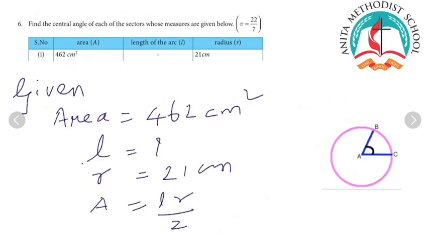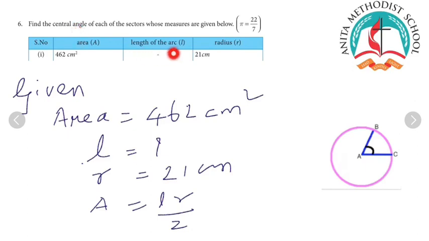Okay children, I think you all understood the area using arc length and the radius. Now we see: find the central angle of each of the sectors whose measures are given below, here pi value is also given. Children, listen very carefully. Area is given, radius is given. We have to find out the arc length first, then we have to go to the central angle.